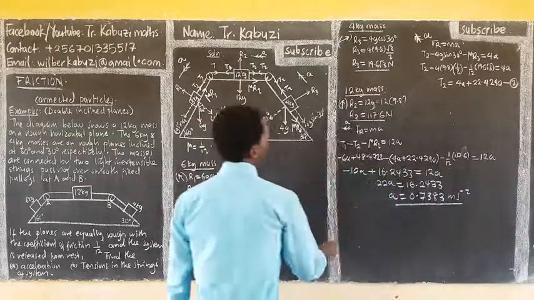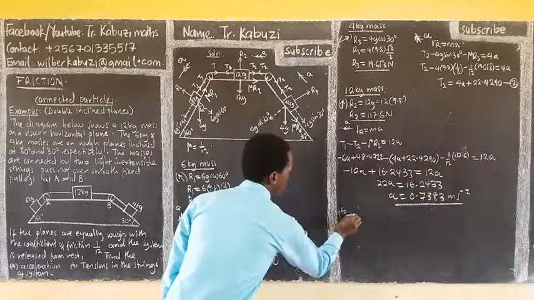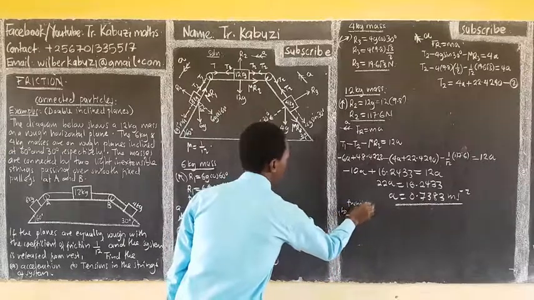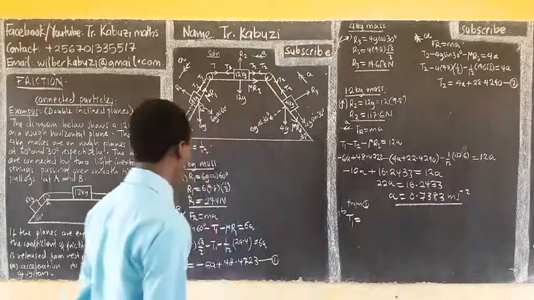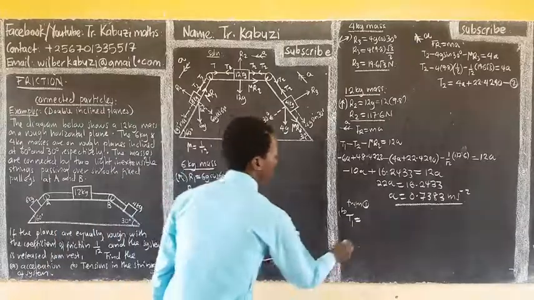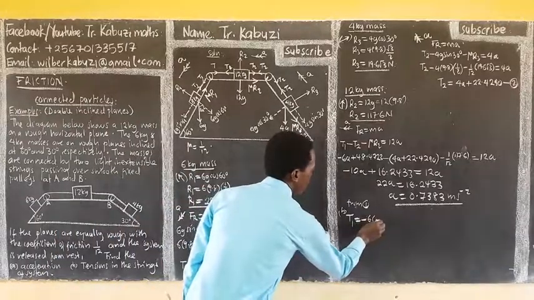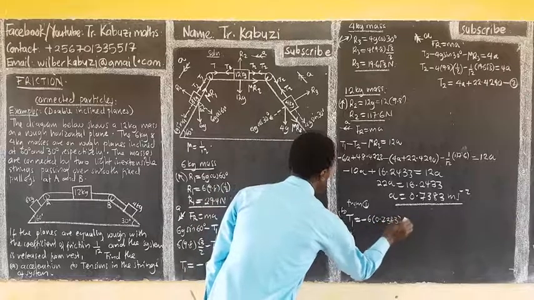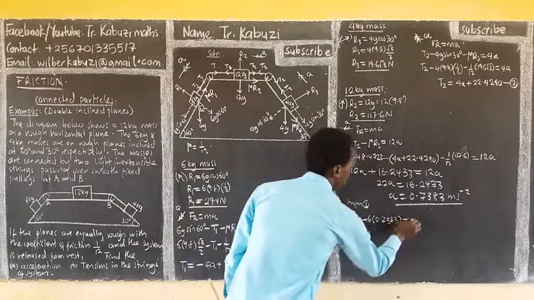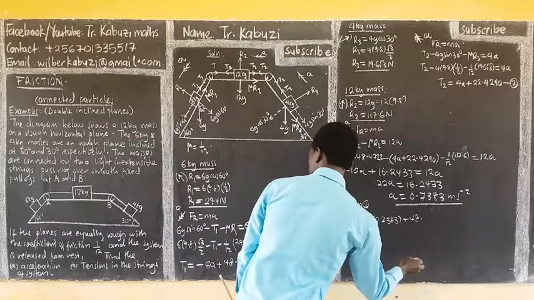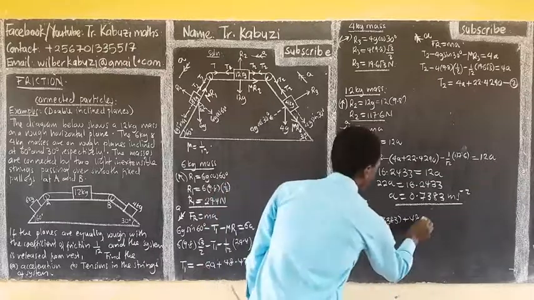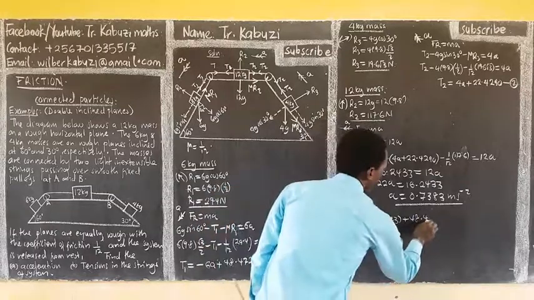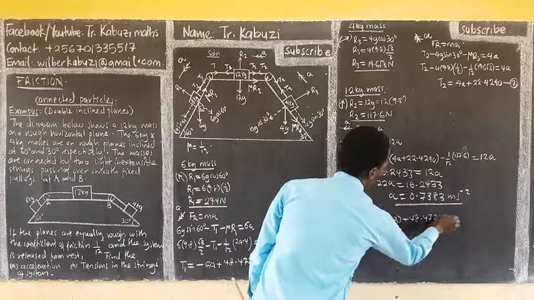So part B, the tension in the spring. My T1 is going to be from equation 1. From equation 1 here I have negative 6 into 0.7383, then plus 48.4723.